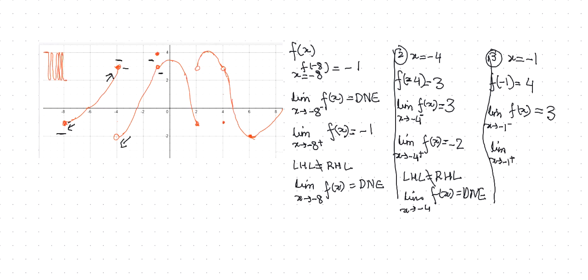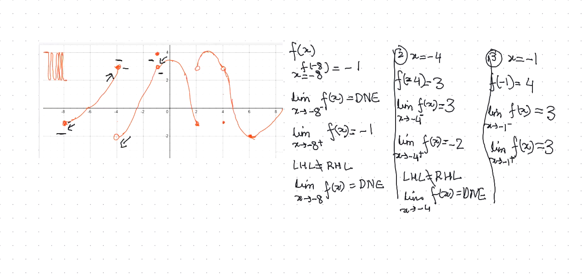Now the limit as x tends to -1 positive of f(x). We see which value the function is approaching from the right-hand side. From the right-hand side also it is approaching a value of 3.